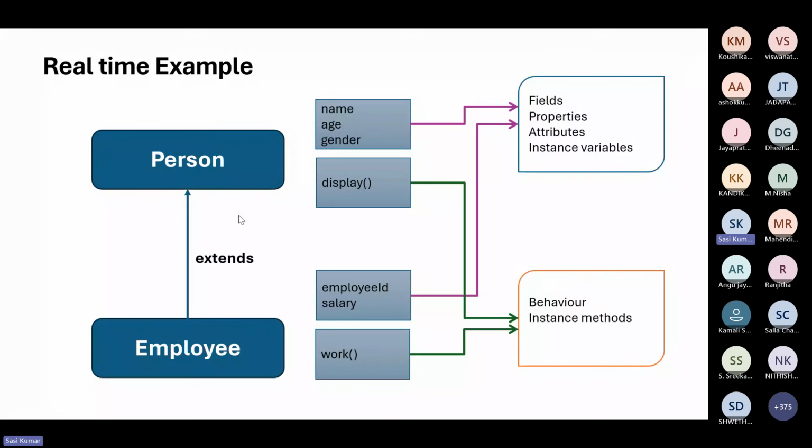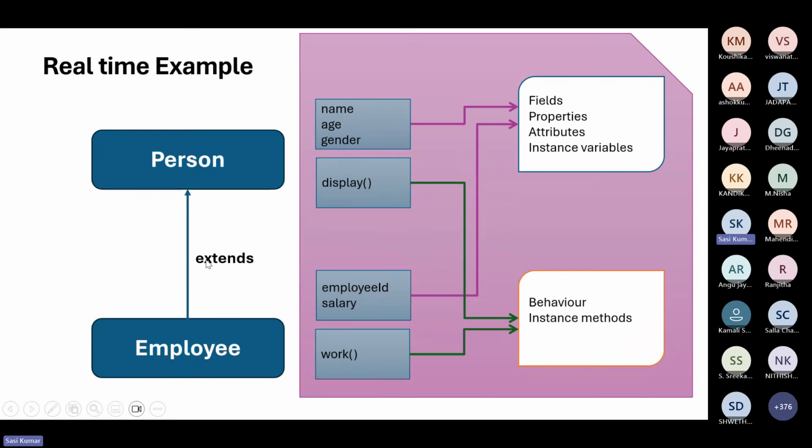How can we say it is inheriting? Because we are using the keyword extends. When I use the extends keyword, it is inheriting from person. So whatever person properties, all properties are inherited to employee class. It means it is available to employee class.